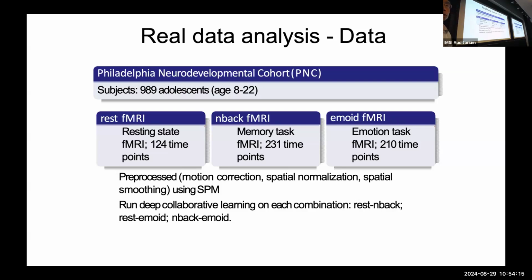This is a large-scale study containing both multimodal brain imaging and genomic data. We have 989 subjects, which have 3 imaging modalities, including resting functional MRI, n-back working memory MRI, and emotion MRI. We do a number of pre-processing steps before running our deep collaborative learning.